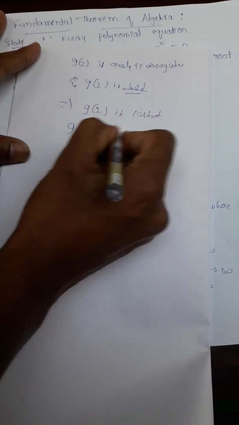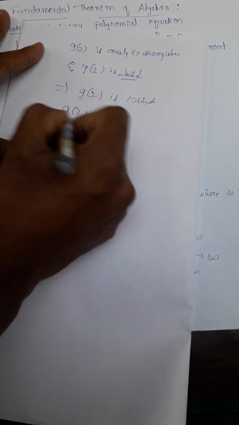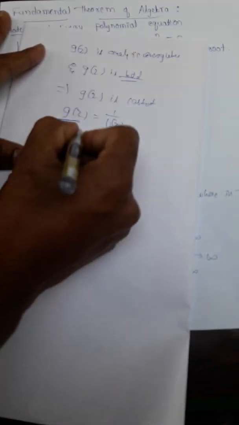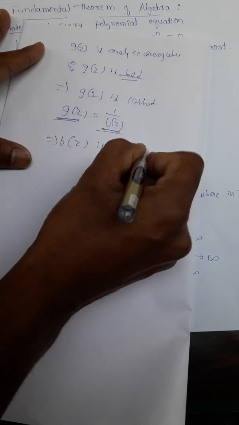But g(z) is equal to 1 by f(z). If g(z) is constant, then f(z) is also constant, which implies that f(z) is a constant function.